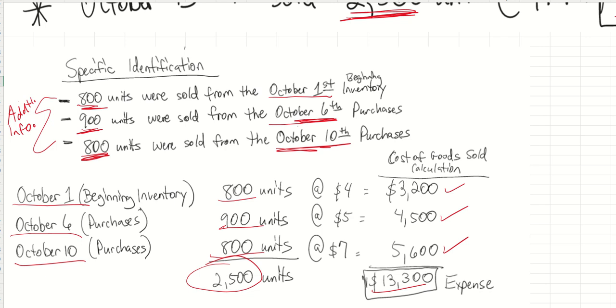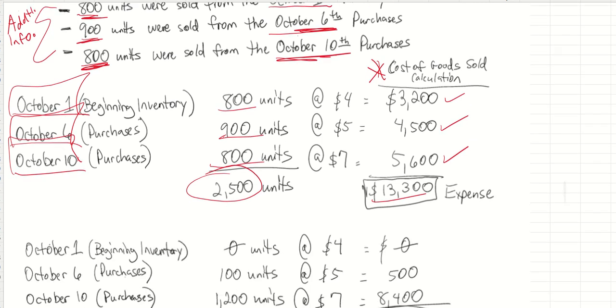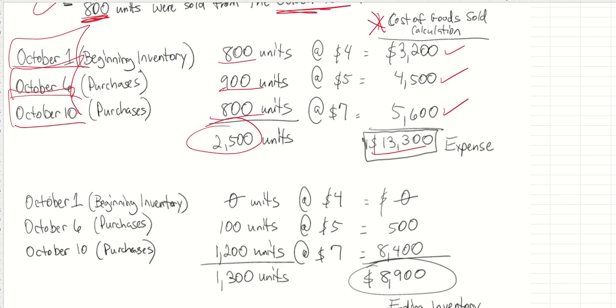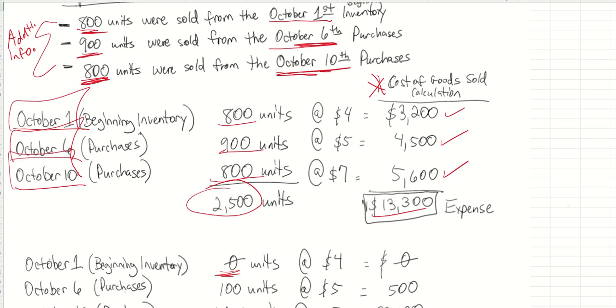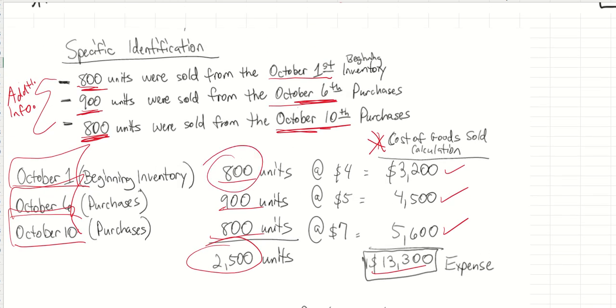Now, when it comes to determining the inventory balance, you simply take what is remaining in the October 1st batch, October 6th batch, and October 10th batch, after taking into consideration what is included in the cost of goods sold column. October 1st, beginning inventory: there were no units to include in the ending inventory balance because all 800 units were accounted for in cost of goods sold.